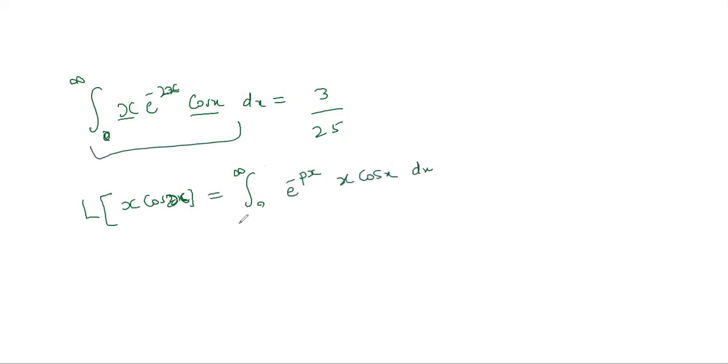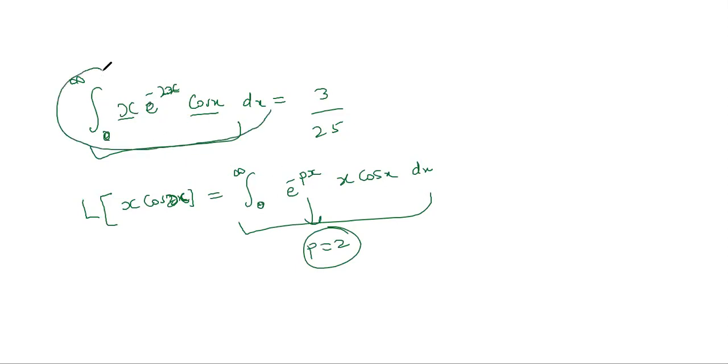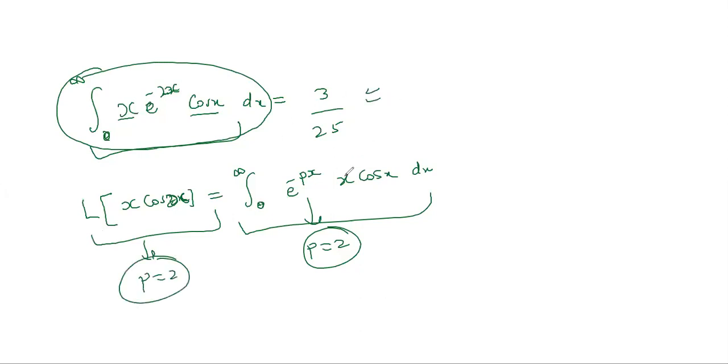So this integral is the same as this integral. You just have to put p is equal to 2 here. So when you put p is equal to 2, it will give you the value of this integral. So you have to find the Laplace transform of this function and put p is equal to 2, and you will get this automatically. That's how you have to relate in these kinds of questions.